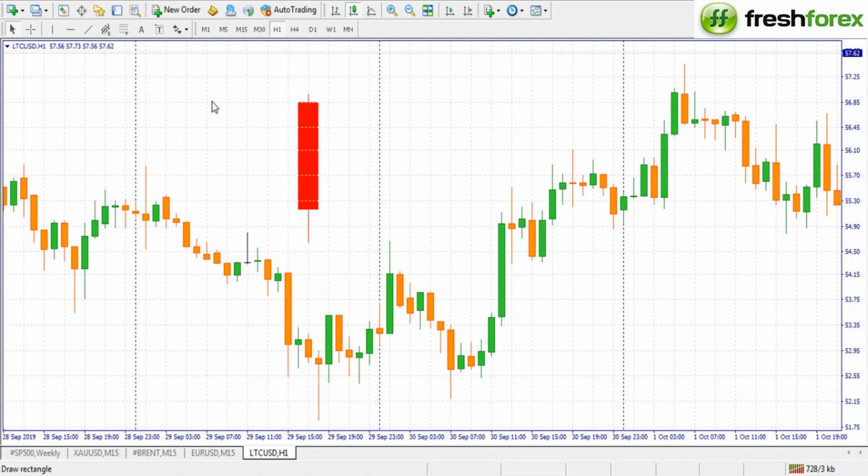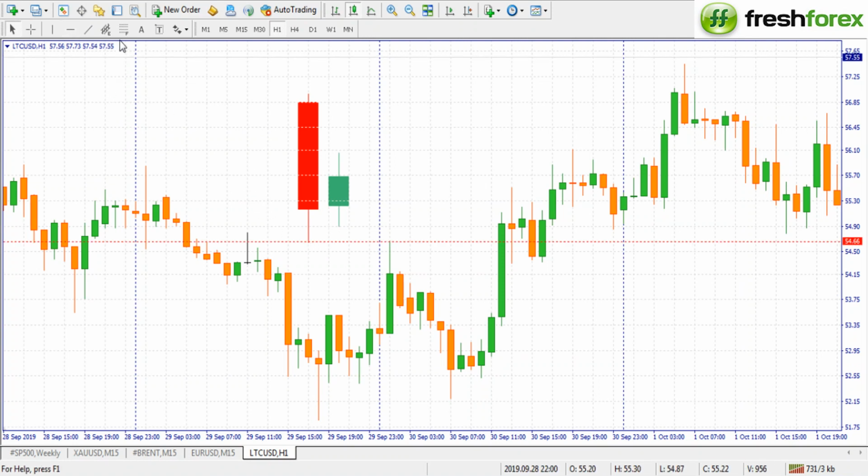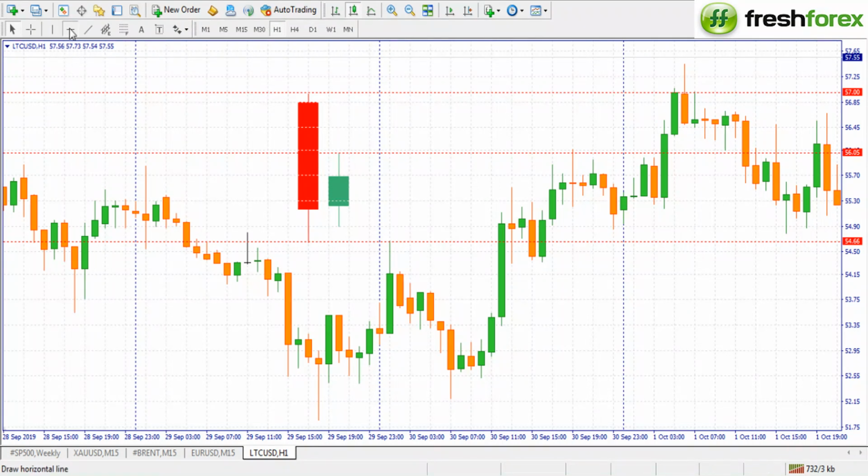But if that does not happen, and the next candle actually looks like this, it's green in color, not the same as the previous one, and it is inside the previous candle in all aspects. We have the low of this candle here and the low of that. Then you also have the high of the green one and the high of this one. All of them are inside the previous candle.